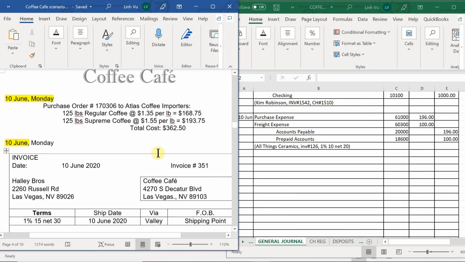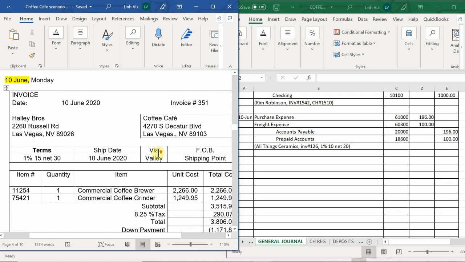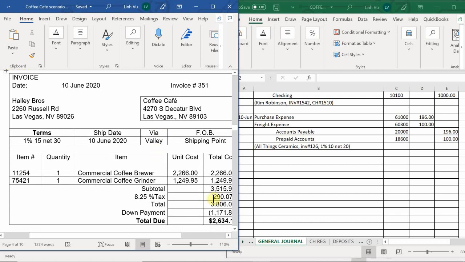Okay. So then on the 10th of June, what did we receive? We received an invoice. Okay. What was this invoice for? For the brewer and the grinder. Yes, for the coffee brewer and coffee grinder. Good. Excellent.